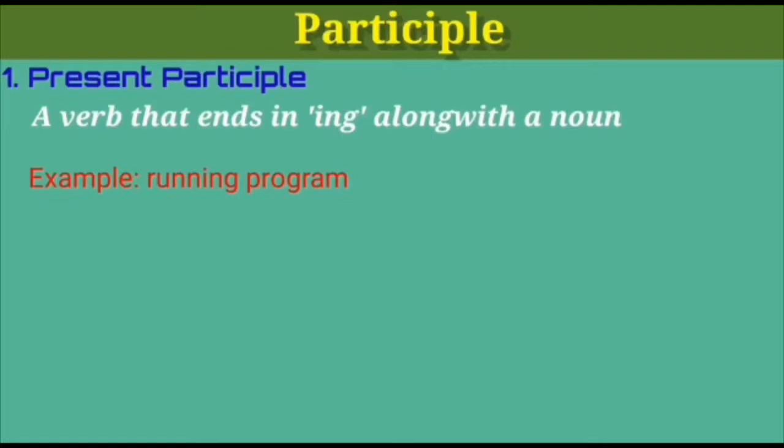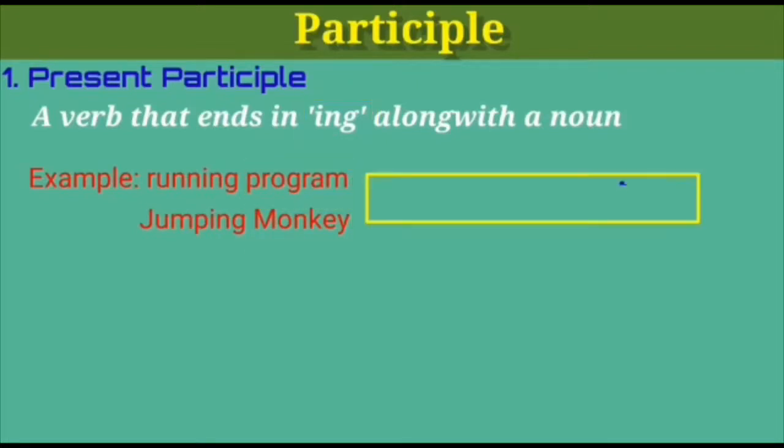Another example, jumping monkey. Monkey is a noun and jumping is a present participle, because it ends in ing along with a noun. I hope you are clear with this idea.